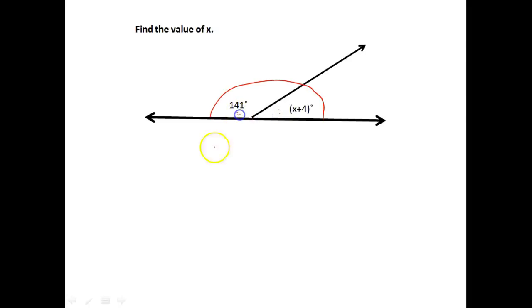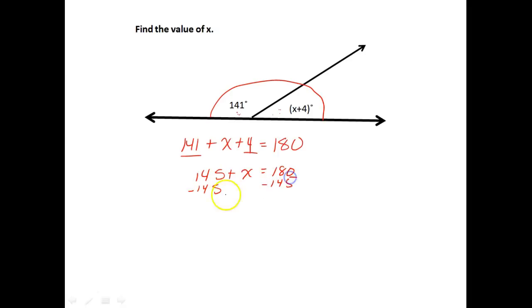I know this angle, 141, plus this angle, x plus 4, equals 180 degrees. And then I solve for x. I have 141 plus 4, which is 145, plus x equals 180. I subtract 145 from both sides, and x equals 35.